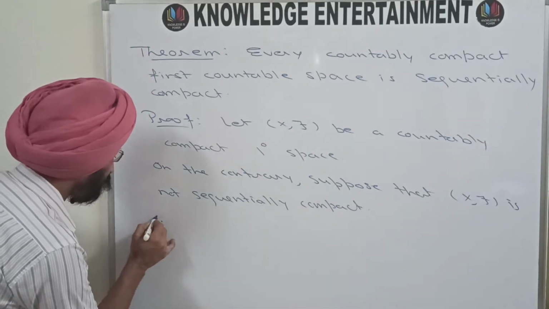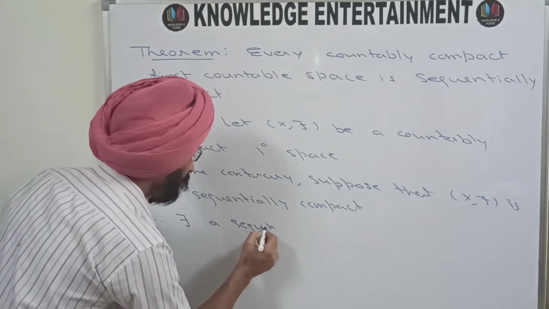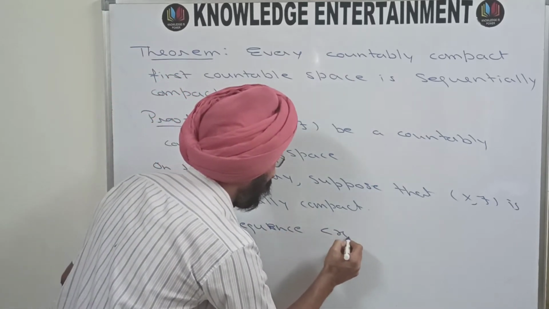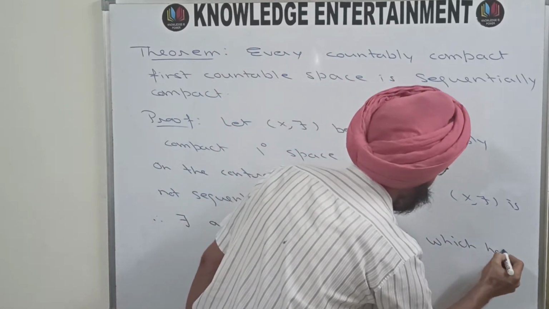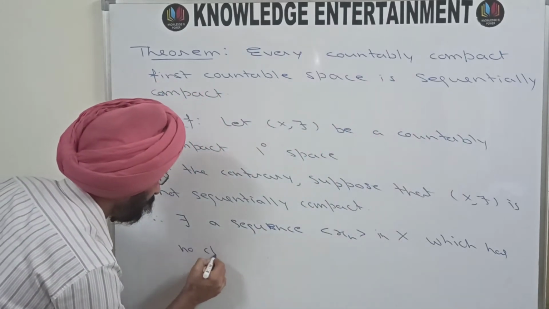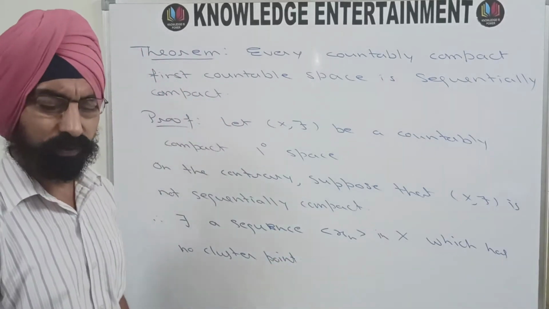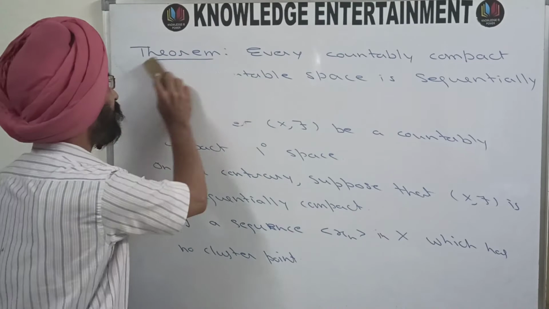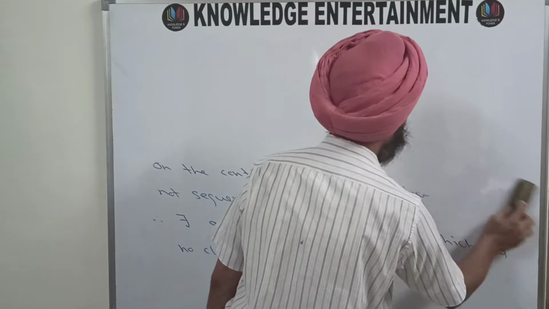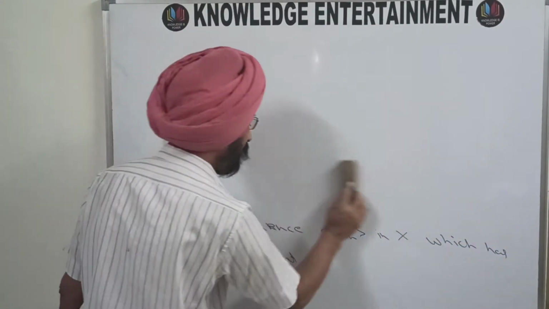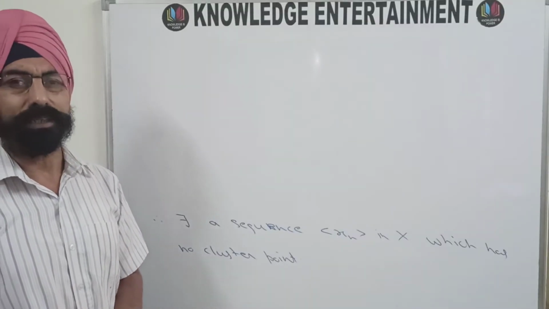So therefore there must exist a sequence xn in X which has no cluster point, because we have supposed that it is not sequentially compact.